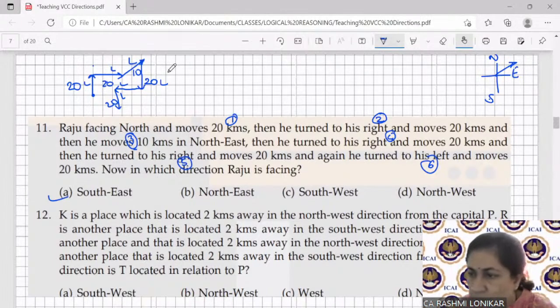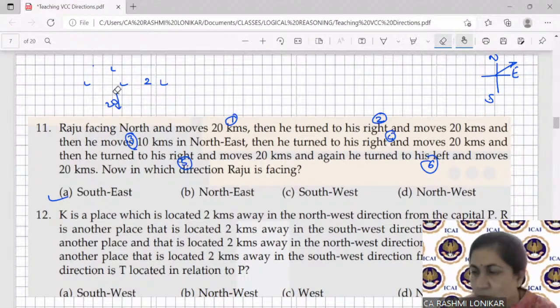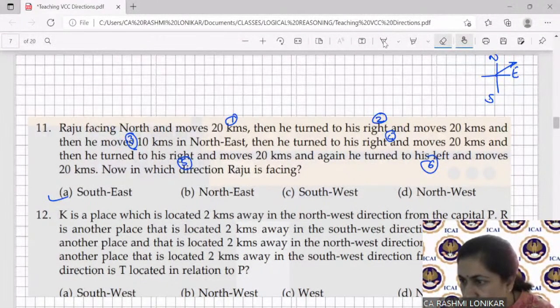I know this one is tough. So let me redo this sum for you. What you have to remember is how many times he is turning. Once you know how many times he is turning, you will be able to make it out. So what is happening here? Raju is facing north and he's moving 20 kilometers.